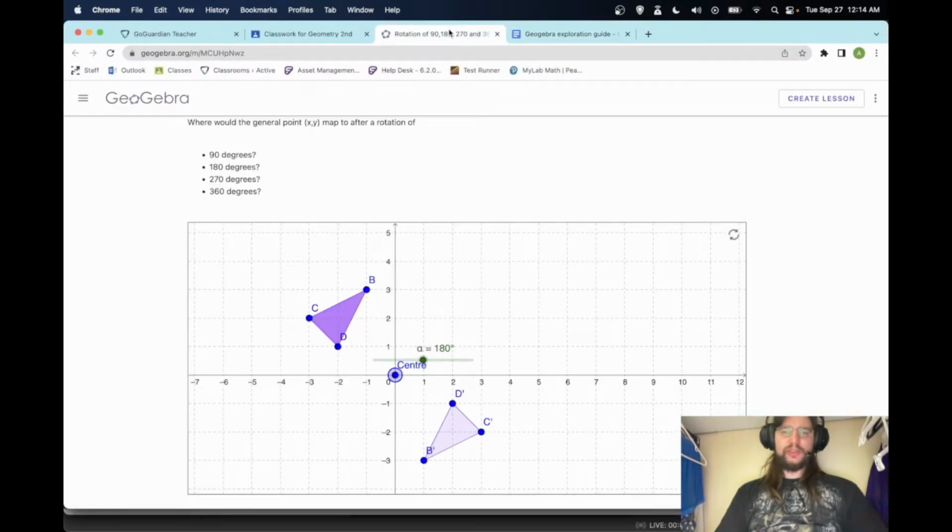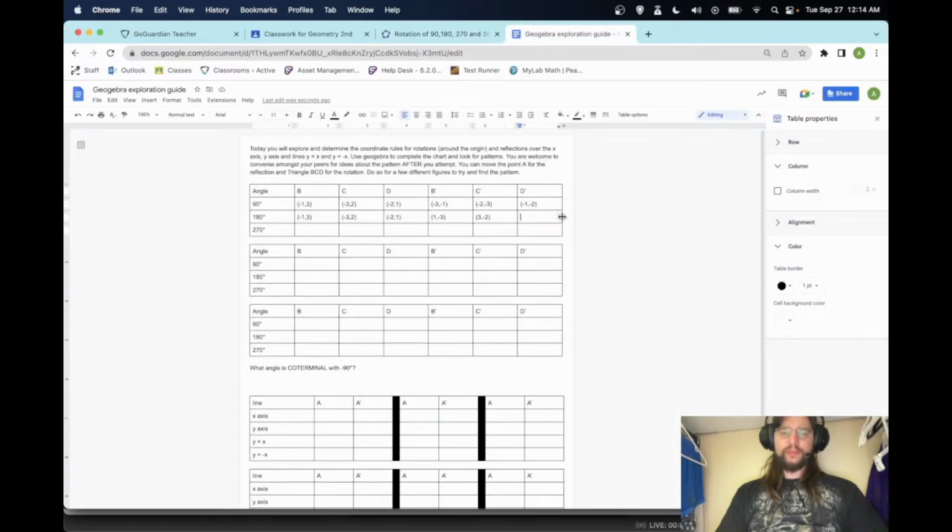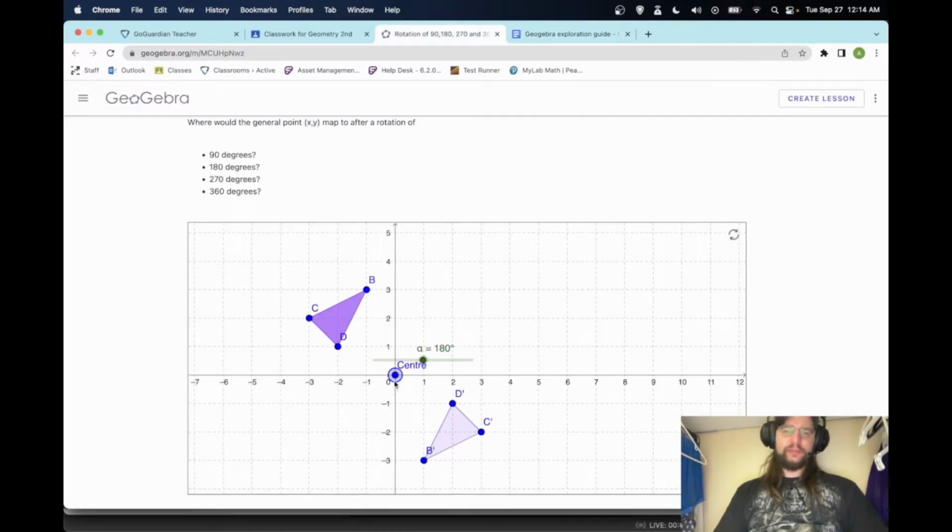And D prime's at 2, -1. And then you do the 270. Don't move the center. 270. It also has an option for 360, but come on, guys. We know what 360 is. Everybody's got an order of 1 with an angle of 360 at least, so that's mapping back to itself.